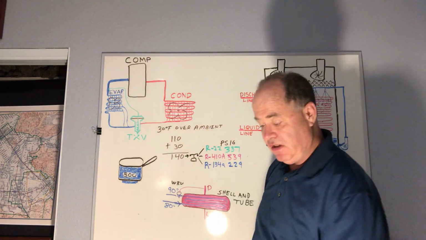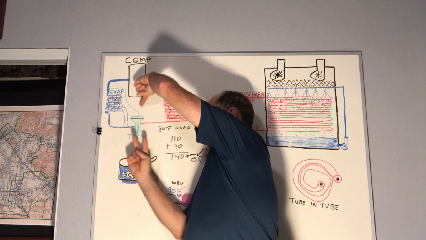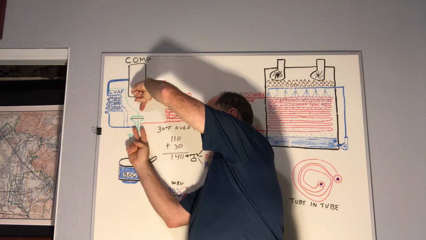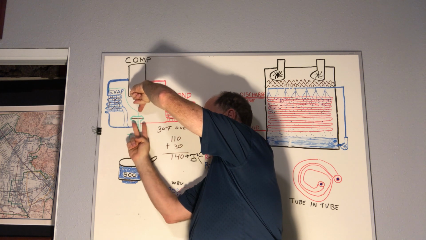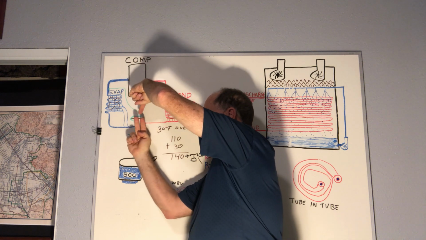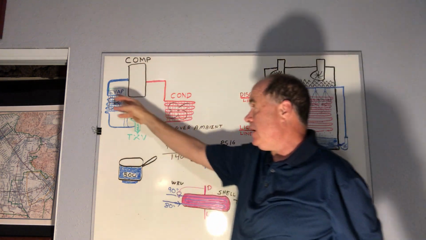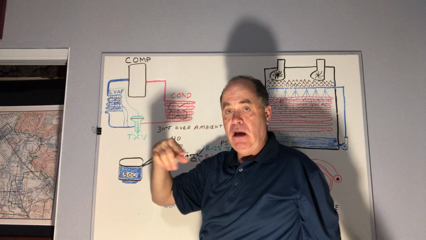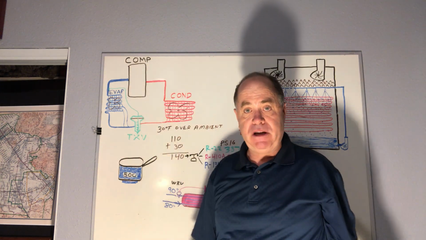How this functions is three forces act upon the expansion valve. The opening force, which is sensing bulb pressure, is opposed by the low side pressure on the other side of the diaphragm plus spring tension, and there's this balancing act all the time that causes it to open and close to regulate superheat, which might be around 8 or 10 degrees at the outlet of the evaporator.